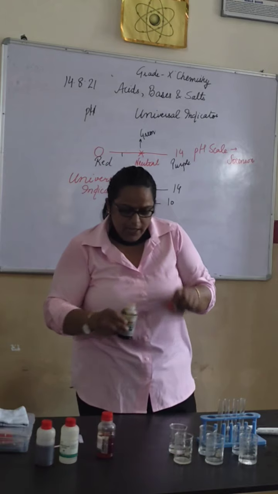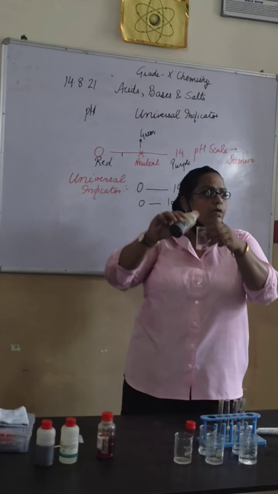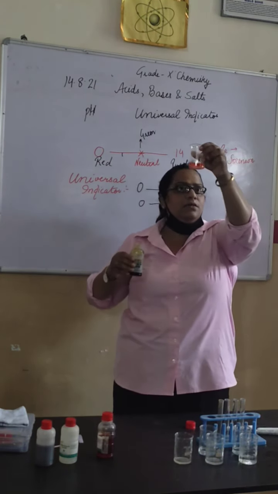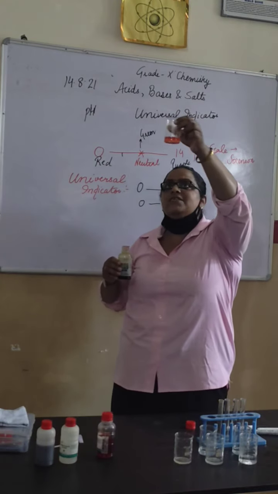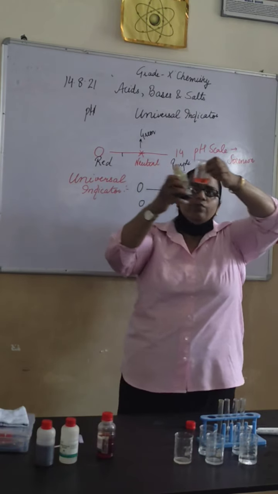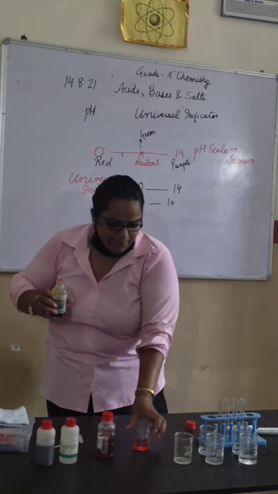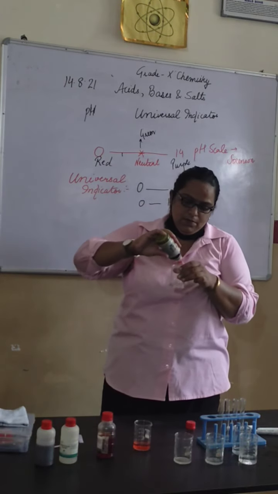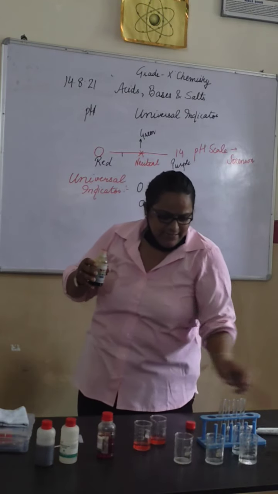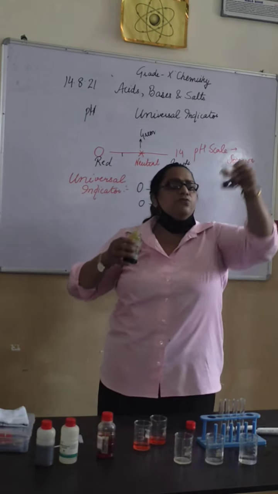Suppose I add universal indicator in this, can you see the change in color? Can everyone in the class see the change in color? So its pH must be around 2. By matching the change in its color, we can calculate the pH. Also a little bit red, dark red than this. Can you see the change in color?